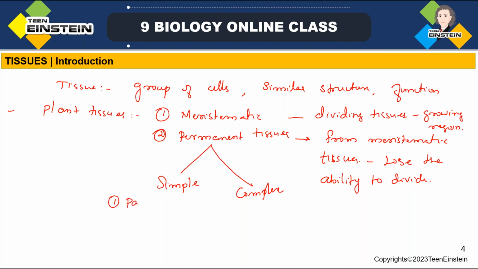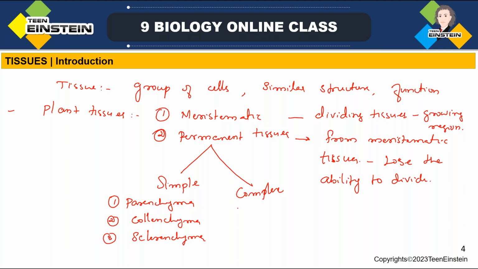In simple permanent tissue, three types you can see. First one is parenchyma, second one is collenchyma, and third one is sclerenchyma. These are the three types of simple permanent tissues.